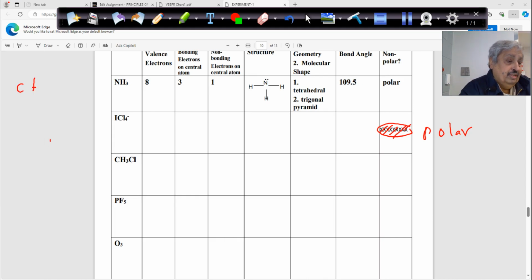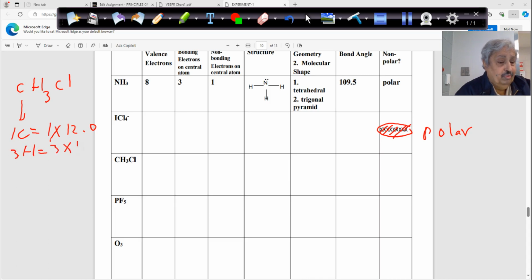Carbon, CH3Cl. One carbon, this is 1 multiplied by 12. And then 3 hydrogens, 3 multiplied by 1.00. And then 1 chlorine is 1 multiplied by 7. So this is 12, 3, and this is 7.